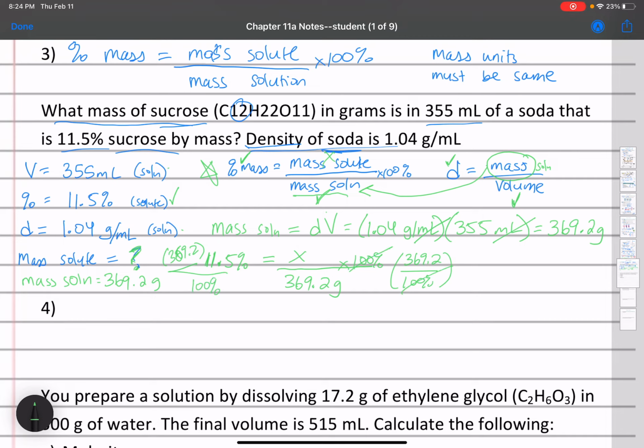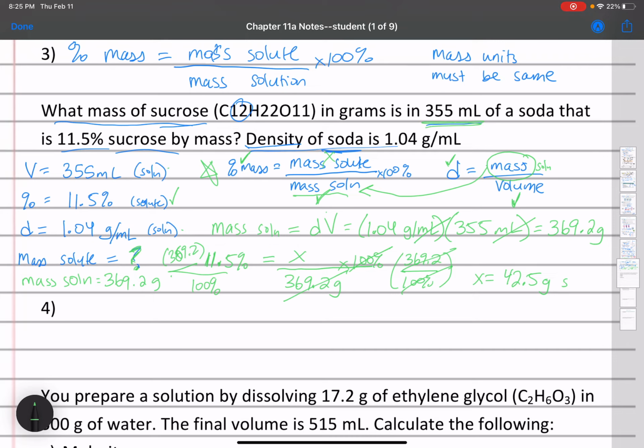So this will cancel, and this will cancel, and then I'll be able to solve for X. X is 369.2 times 11.5 divided by 100. So X, our mass of solute, is 42.5 grams, 3 sig figs, because I'm given 3 sig figs.